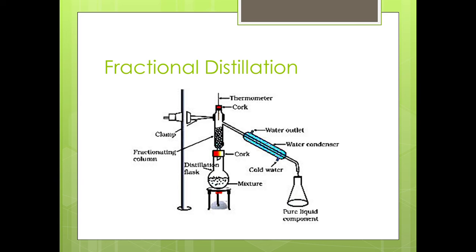Its function is that it drips back the other liquid while one liquid is boiling off. When one liquid is boiling off, it helps in dripping back the other liquid, as it does not allow two liquids to evaporate off at the same time, and makes sure that the receiver flask receives only one liquid at a time. Got it, my friends? Okay.